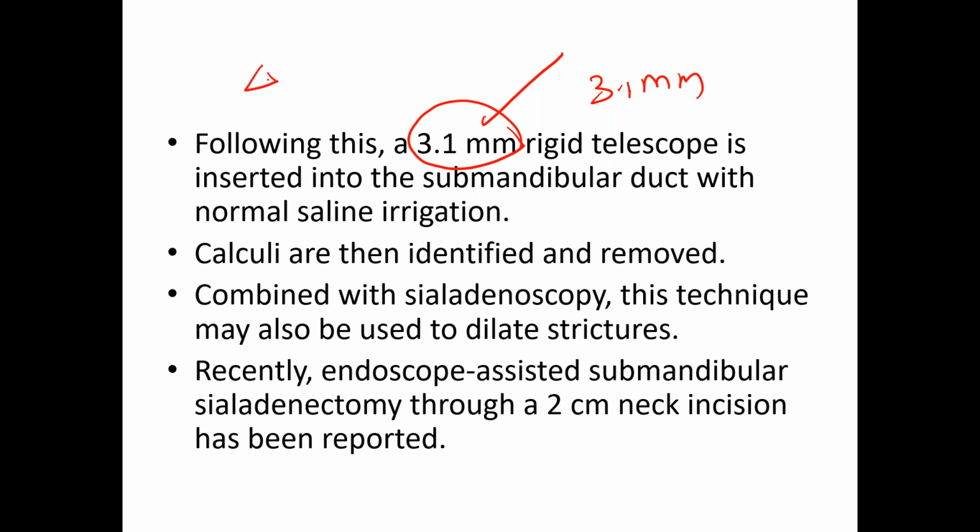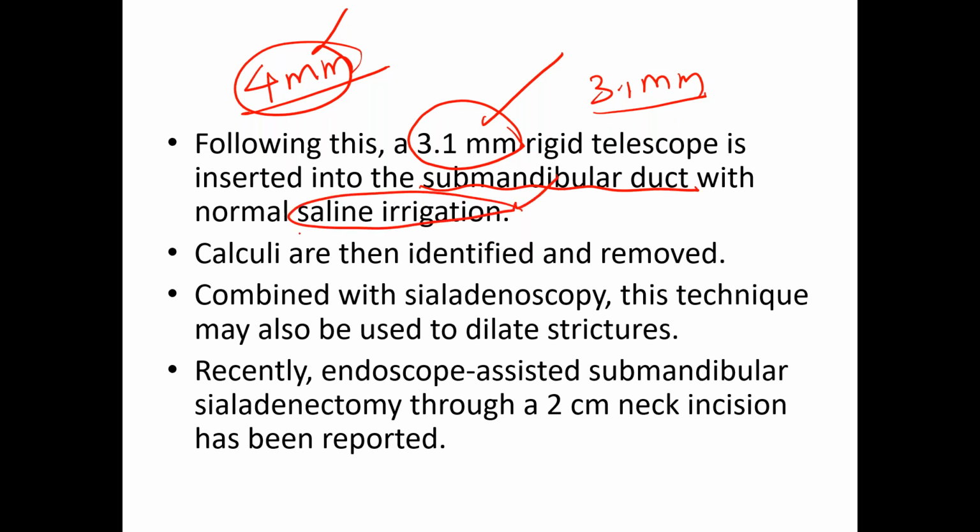Normally, what we use in our department is 4 mm scopes, but here it is 3.1 mm. A rigid telescope is inserted into the submandibular duct with saline irrigation. Calculi are identified and removed. This technique can also be helpful for dilation of strictures.